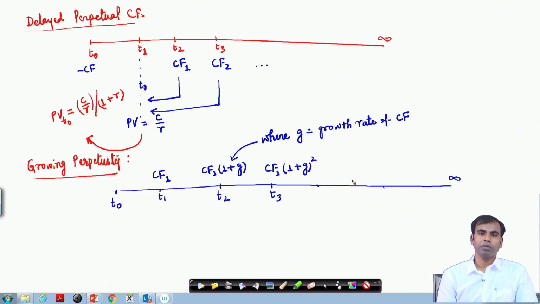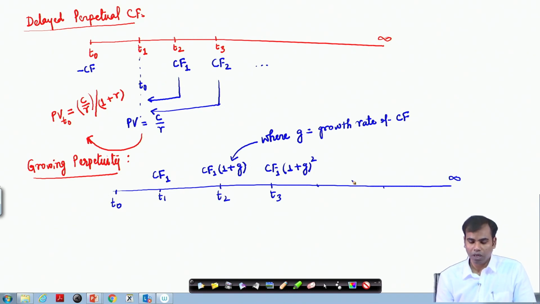This kind of example can be seen in cases where dividends typically grow, given by the companies. As companies make more profit, they start giving more dividends year after year. Similarly, if you have invested some money in some investment avenue, and that investment avenue is growing in base value, that could return with growth.